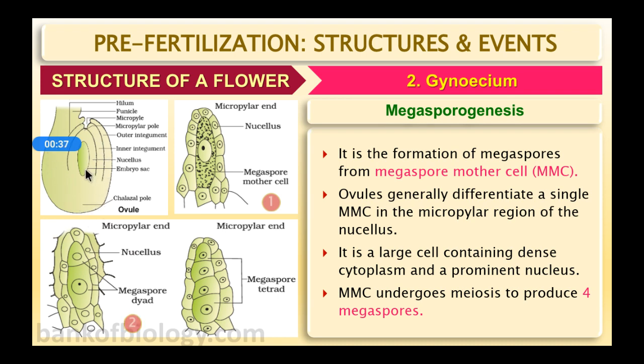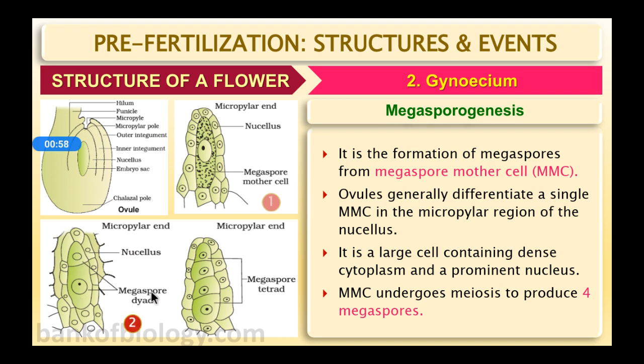The ovule differentiates to form one megaspore mother cell, and the megaspore mother cell, or MMC, undergoes meiosis and forms a megaspore dyad. Here you can see 1, 2, that is why it is a dyad.